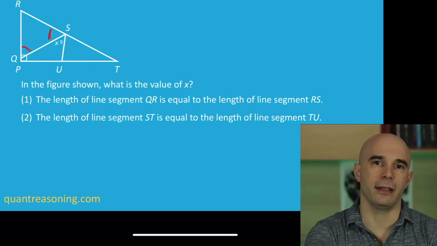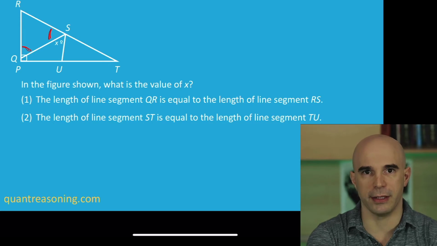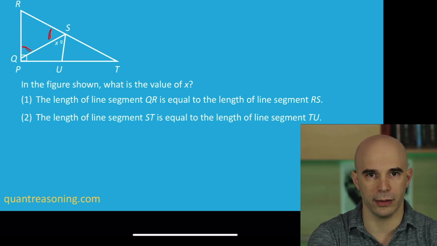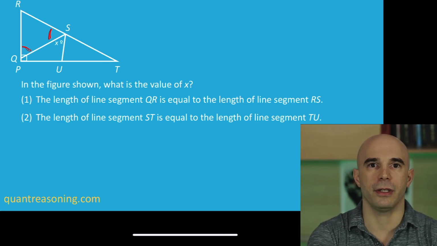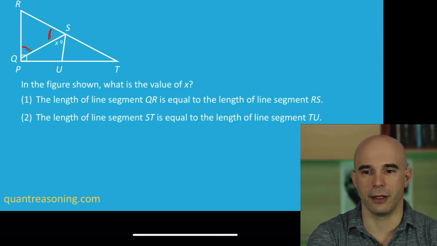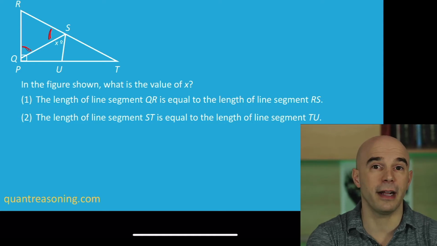Yes, I find that in geometry data sufficiency, given that we have only 2 minutes per question, if I can visualize the degrees of freedom, as I call it, or again, the other side of the coin is, what does this statement constrain, like what are the constraints provided by this statement? In what way does the information in the statement force x to be a single value versus allow x to be more than one value?